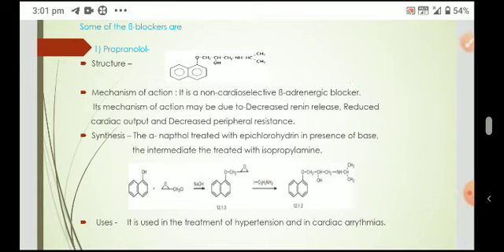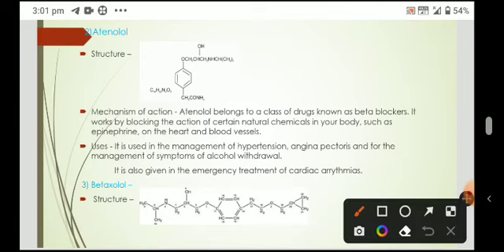Second is atenolol. Regarding the mechanism of action, it belongs to the class of beta blockers. It works by blocking the action of certain natural chemicals in the body such as epinephrine, and it also acts on the heart as well as the blood vessels.